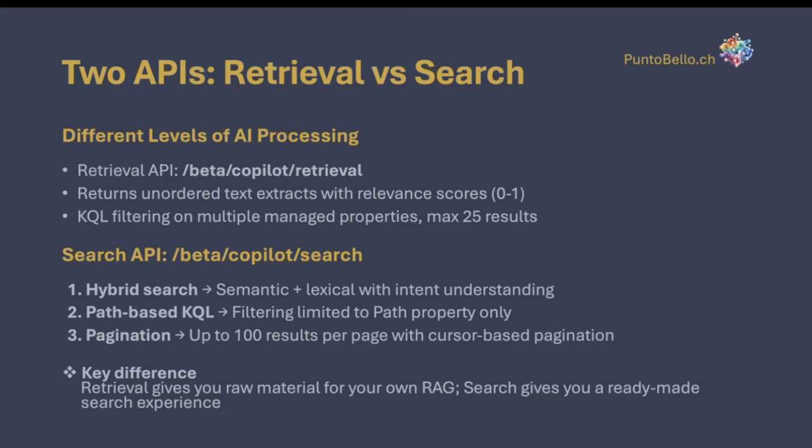The Search API is a hybrid search combining semantic and lexical approaches. It returns ordered documents or pages with pagination and highlighting. The key difference is also in filtering: the Retrieval API supports KQL on multiple properties, and Search only supports path filtering.